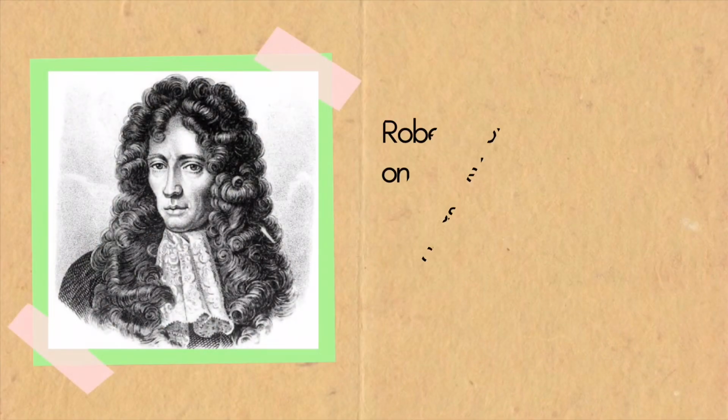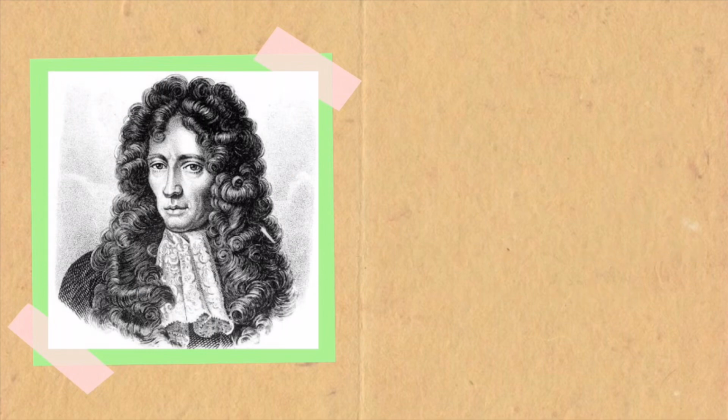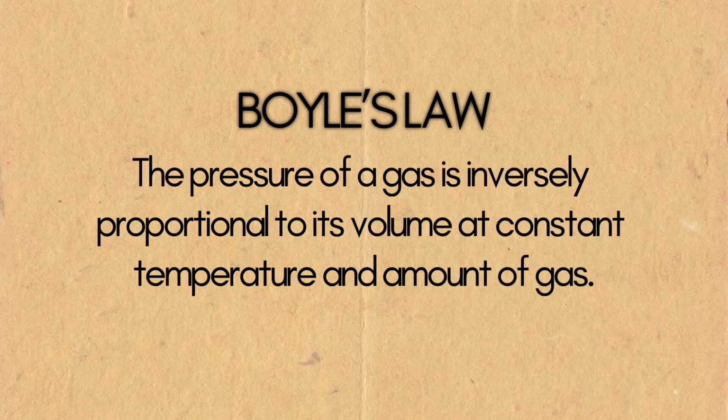It was Robert Boyle who experimented on the relationship between pressure and volume of a gas at constant temperature and amount of gas, and formulated what we call Boyle's Law, which states that the pressure of a gas is inversely proportional to its volume at constant temperature and amount of gas.